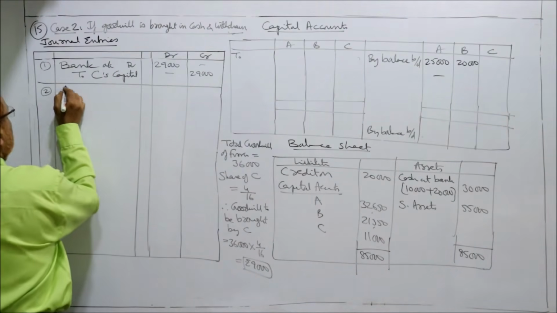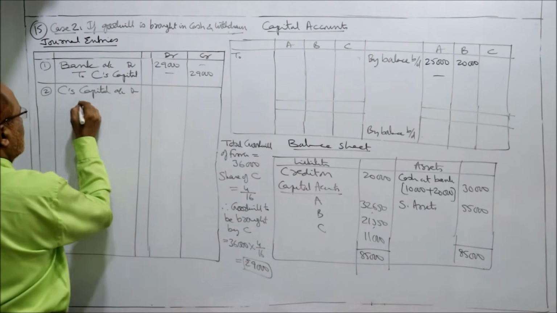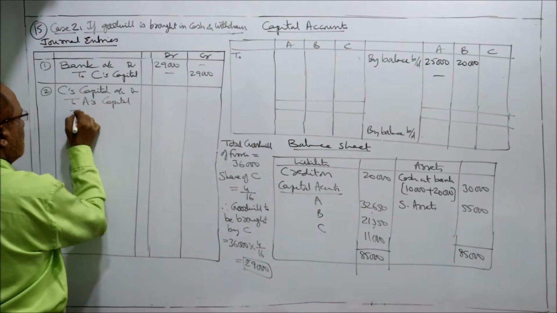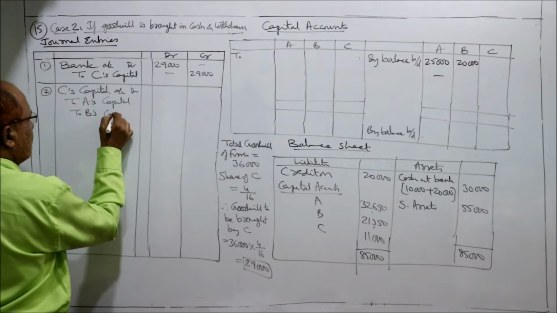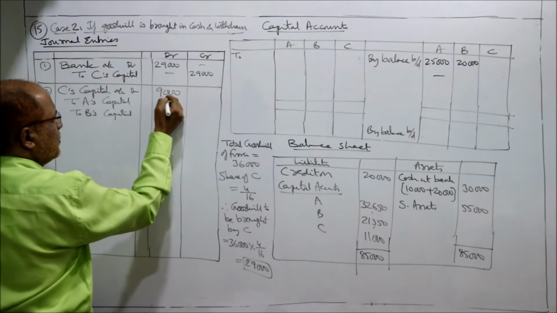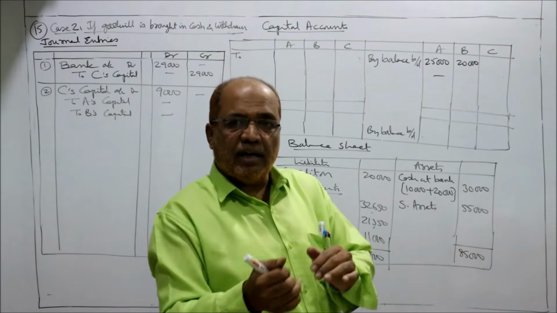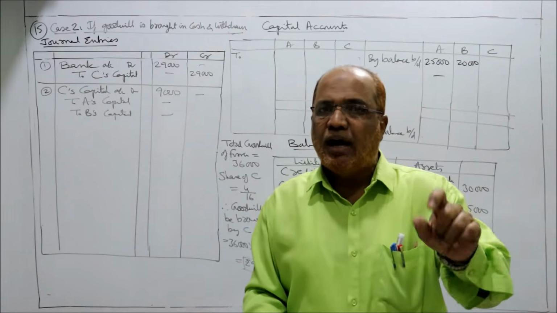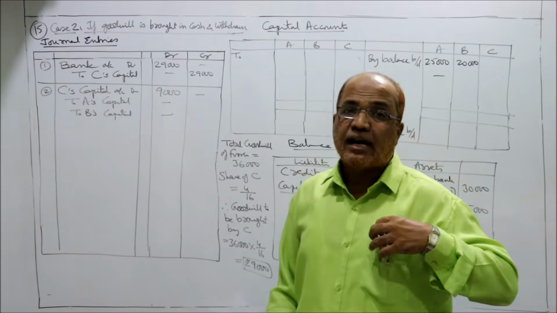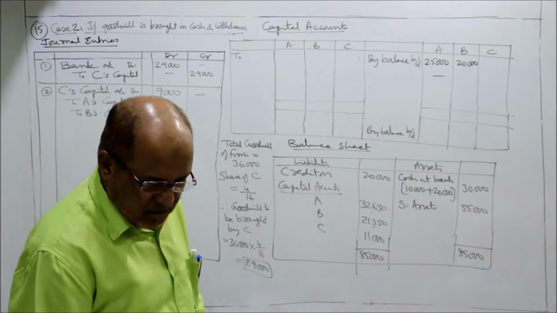Now second, C's capital account debit to A's capital, to B's capital. Now goodwill. In this 29,000, 9,000 rupees is the goodwill. Now we are taking the goodwill amount from C's capital and distributing between A and B. In which ratio? Sacrificing ratio 13:7.